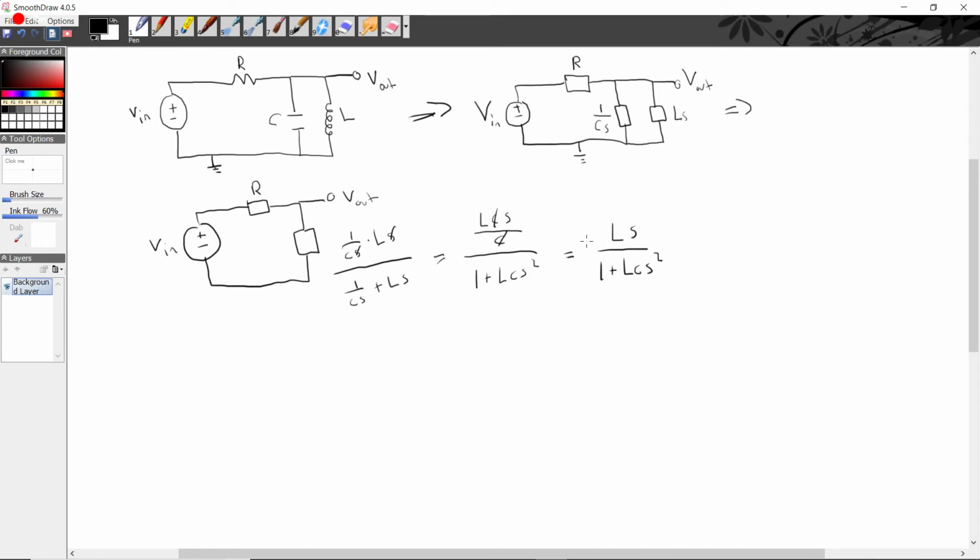Okay? And so then the next thing we notice is we have this resistive impedance in series with this impedance. I'm going to solve for V out.